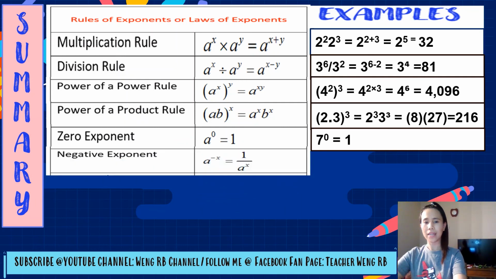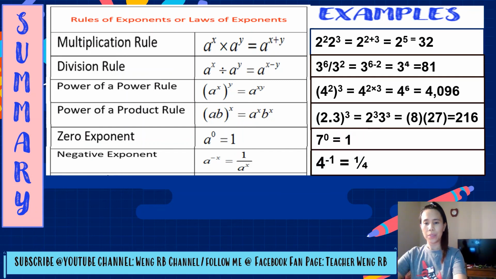Next, negative exponent. So if you have a negative exponent, you do the inverse rule. So if the negative exponent is in the numerator, you have to put that in the denominator so that it will become positive. And the other way around, if the negative exponent is in the denominator, you have to put that in the numerator so that the exponent will become positive.